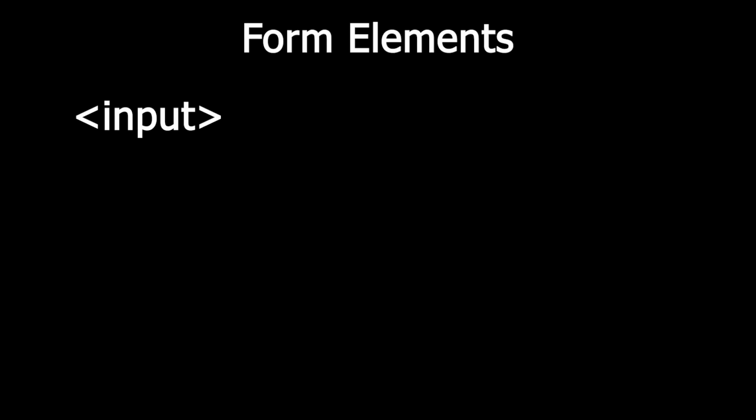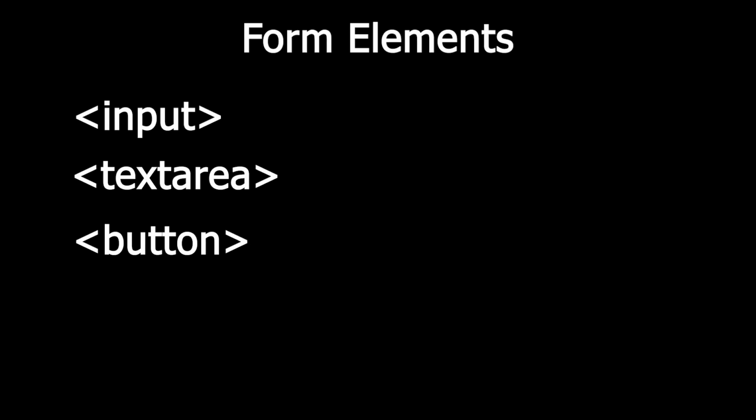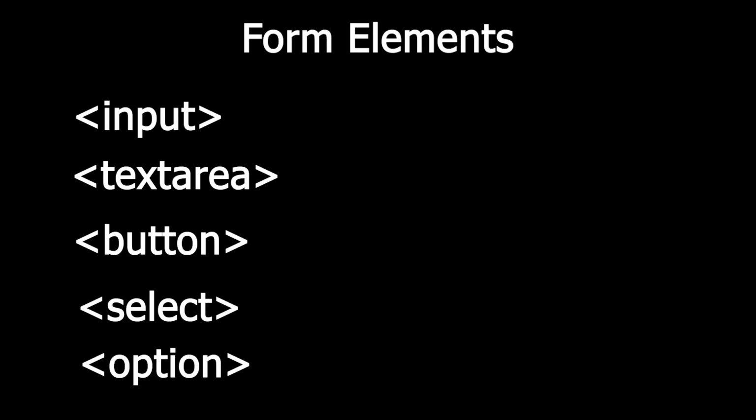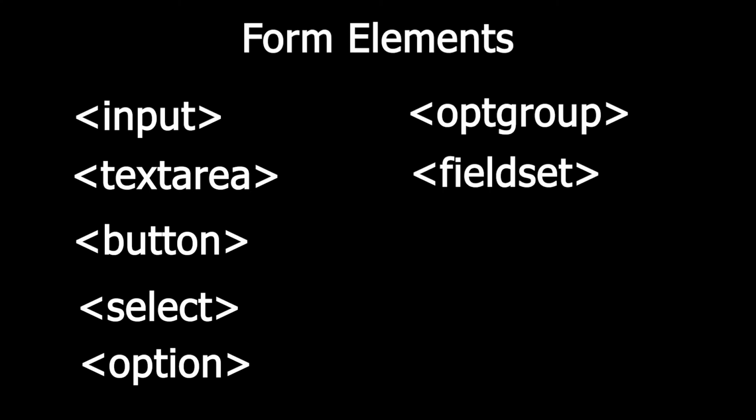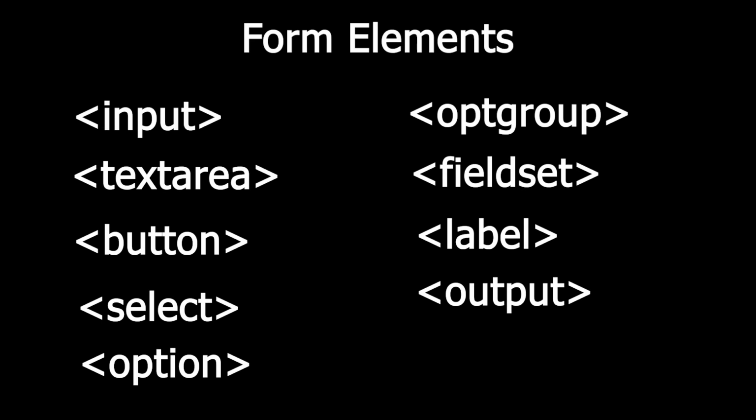As you can see on our screen, I've listed them. We have the input tag, the textarea tag, the button tag, the select tag, the option tag, the optgroup tag, the fieldset, the label tag, the output tag, and others that we might be using during this tutorial series where we'll be talking about the form.